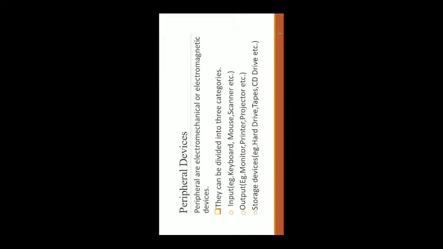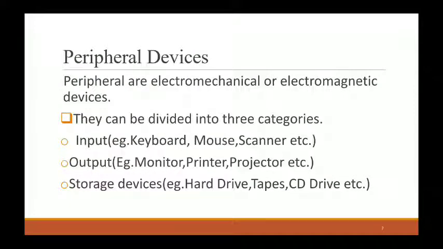So we know that if we want to give some program to the CPU, first of all we have to write the program. So how we write the program? We write the program with the help of the keyboard. Sometimes we have some softwares which are to be executed in the CPU. So those softwares are written into the tapes or in the hard drives, and from those hard drives the software are installed in our operating system, and they are executed by the CPU.